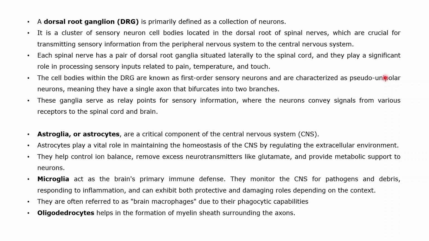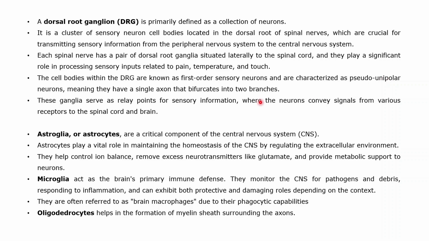It acts as a unipolar neuron: a single axon develops from the cell body, then like a tree trunk it branches out into another branch. That is why it is called pseudo-unipolar: it appears unipolar, but it is not truly unipolar because it branches out into two different branches.